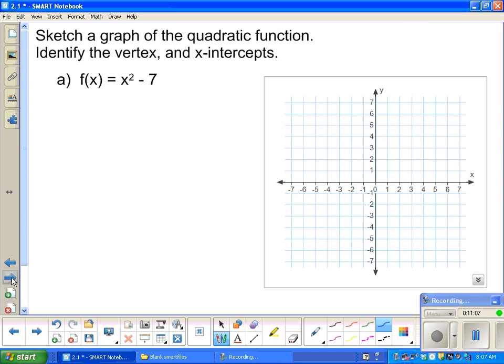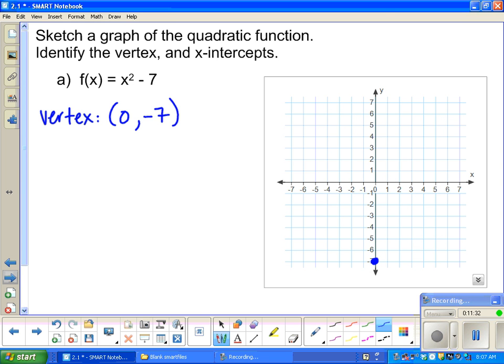All right, so sketch a graph of the quadratic function, identify the vertex and x-intercepts. Well, we don't have an h, so that's 0. Our k is negative 7. So our vertex is going to be at (0, negative 7).